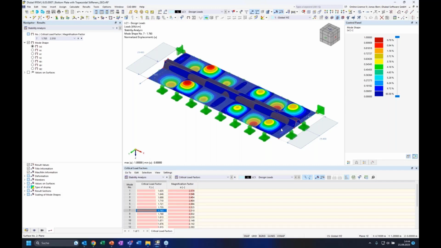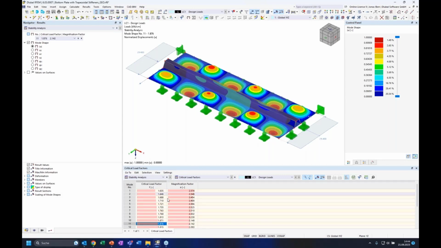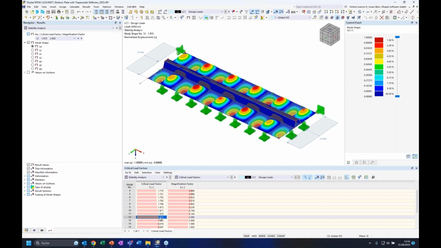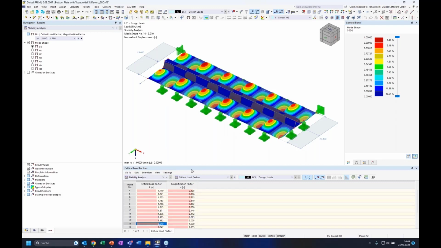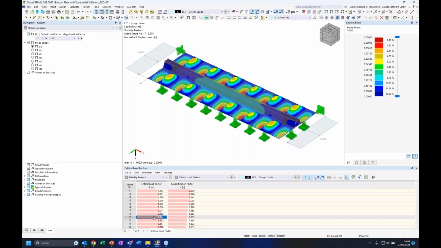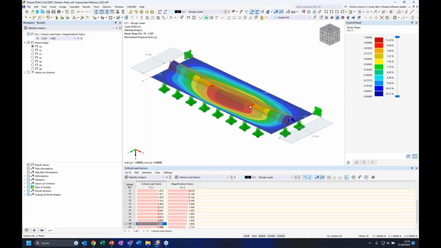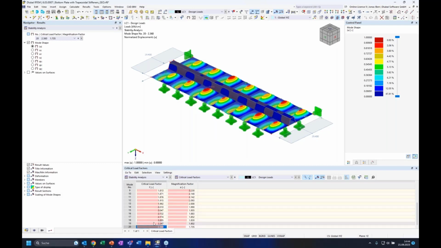The overall panel is divided by the stiffener, which provides enough stiffness to the buckling-prone plate. And of course, the wavelength changes from one mode shape to the other. Mode shape number 19 would be the first global mode shape where the whole plate, including the stiffener, buckles. That we should keep in mind.